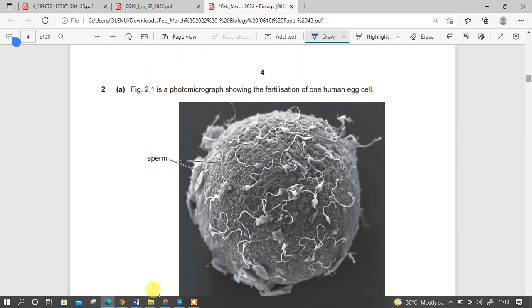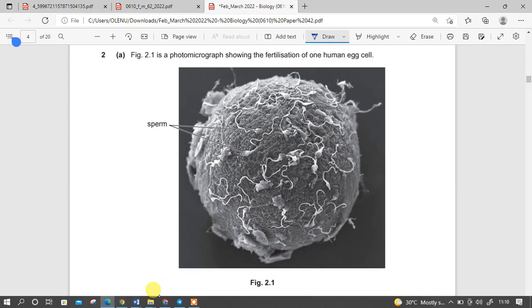Now here question 2 says figure 2.1 is a photomicrograph showing the fertilization of one human egg cell. So we're looking at just one human egg cell, and we have a lot of sperm cells around it. Let's see what the question is.